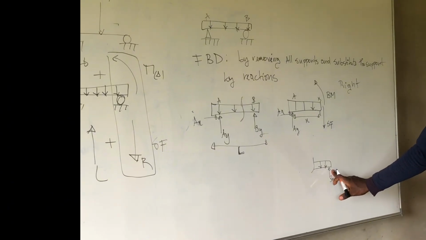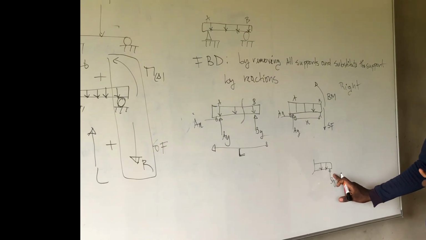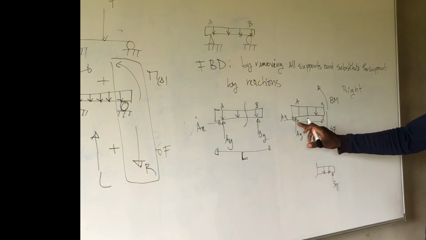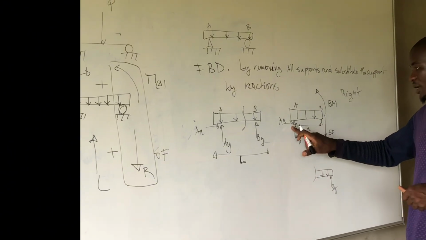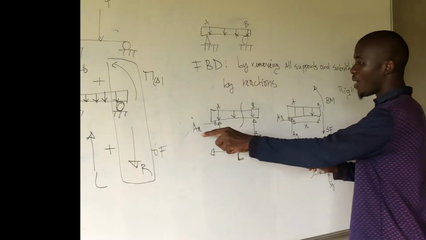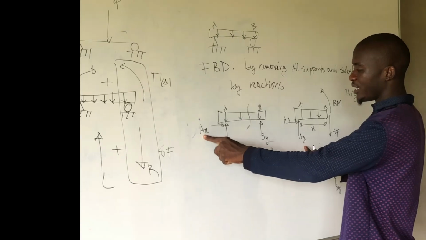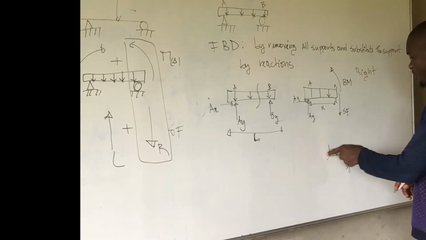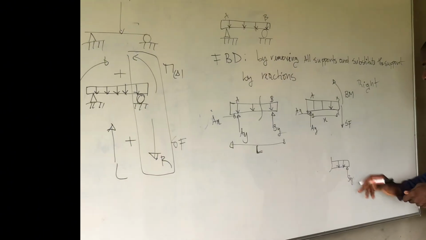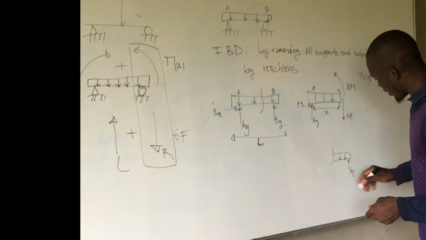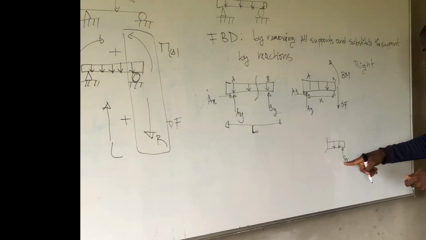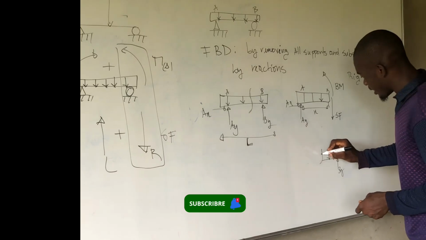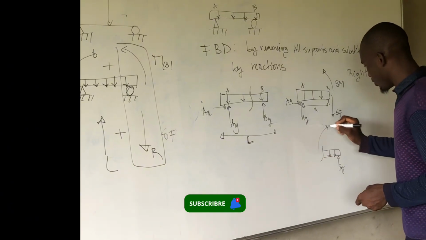Remember, actually we have one reaction force because it's a roller support. You can notice that here we make the cut at right, and then we represent normally our A reaction along the X direction and our reaction along the Y direction. So when we make now our cut at the left, we have now what? We have our reaction along the Y direction but at the B point, and then that's how our moment is going to be represented.